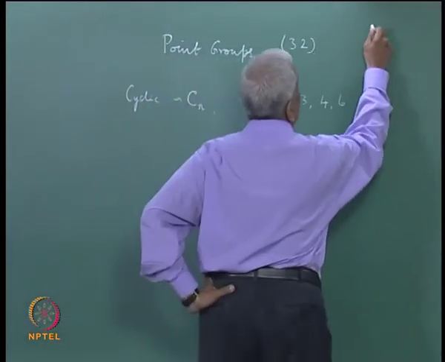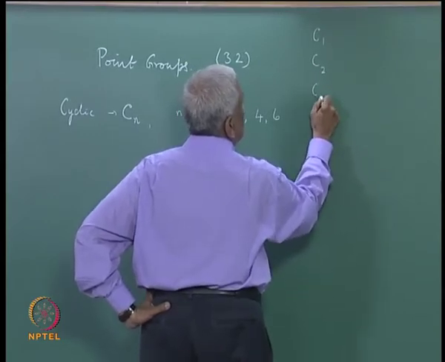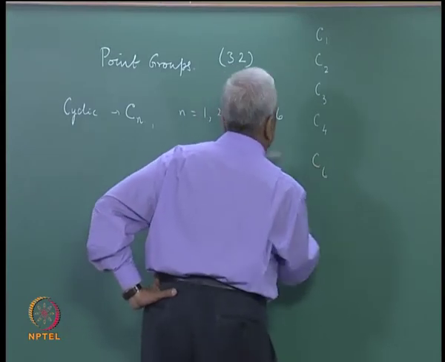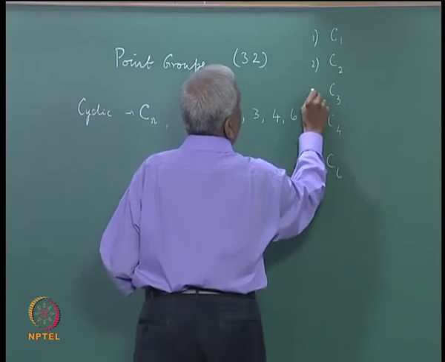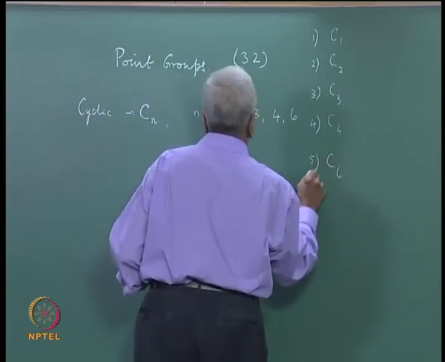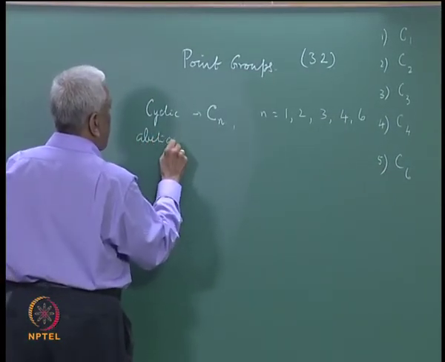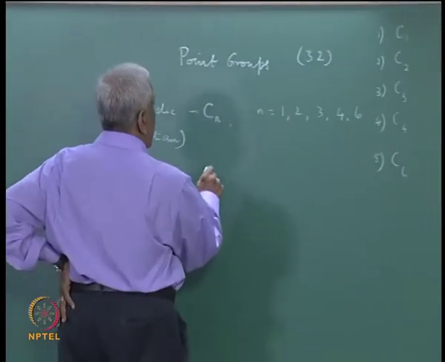So, we have C1, C2, C3, C4 and C6. These are the cyclic point groups which are abelian. These are the simplest.